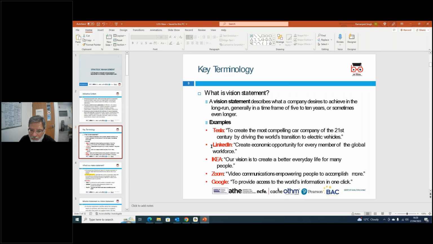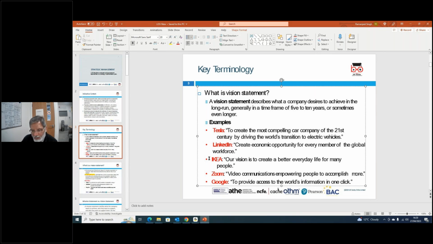For example, if you look at LinkedIn, their vision is to create economic opportunity for every member of the global workforce. Google's vision is to provide access to the world's information in one click. Another example of a vision is IKEA.